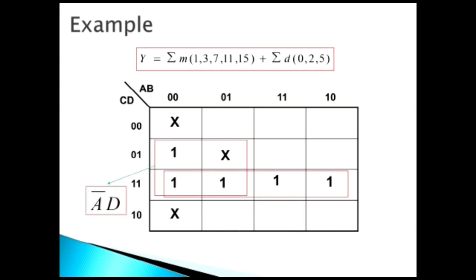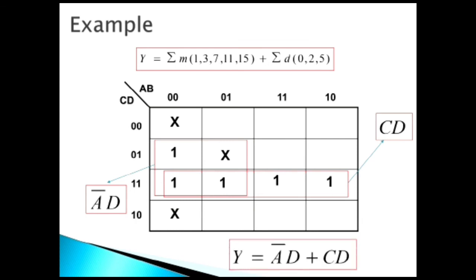Now this will give us the A complement D, and the second grouping is giving us CD, because in this case the CD is unchanged while AB is changing from 00 to 01, 01 to 11 and 11 to 10. So we are neglecting the AB in this case. So in this manner, the overall expression of this example is y is equal to A complement D plus CD.